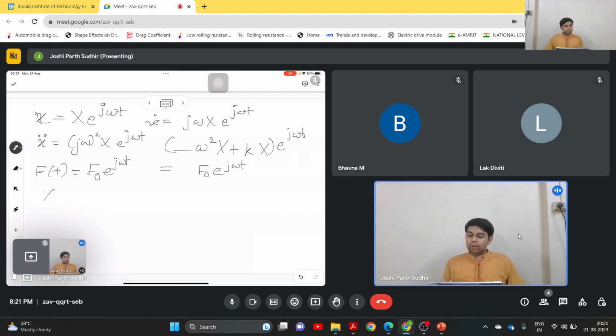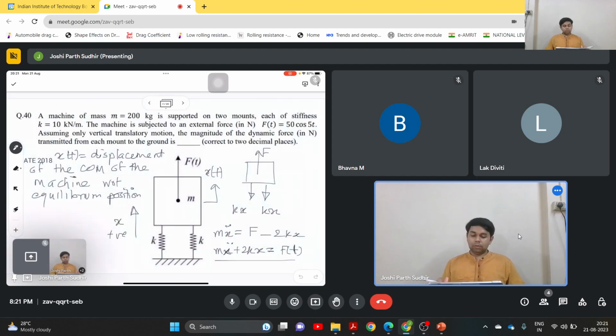Therefore x we can write down as f naught upon k minus m omega square. This will be basically the amplitude of the steady state response to the forcing.